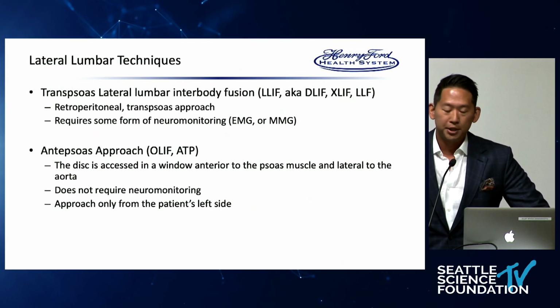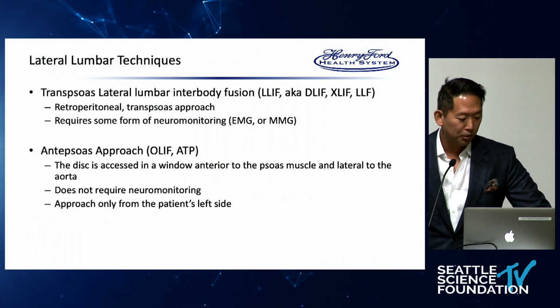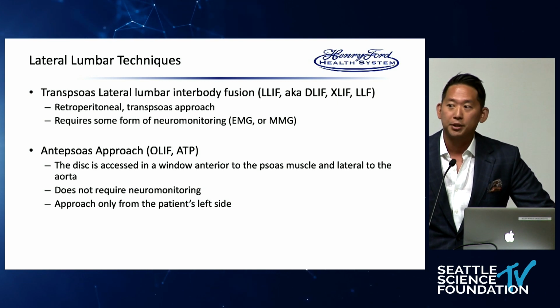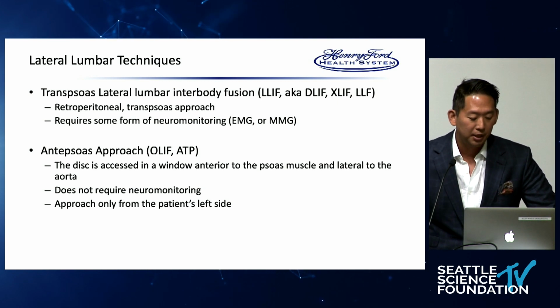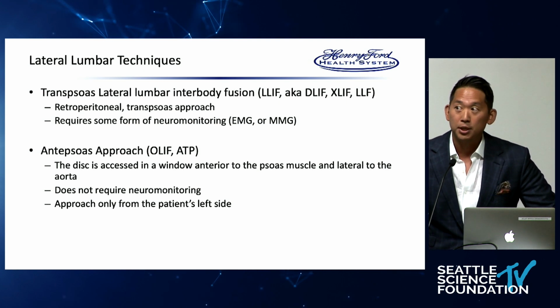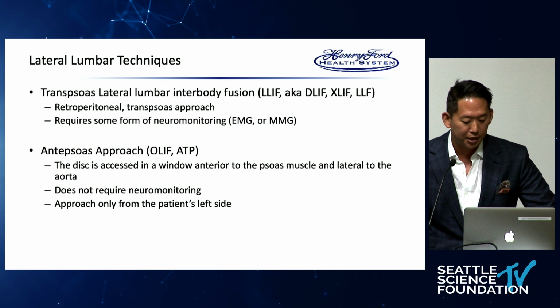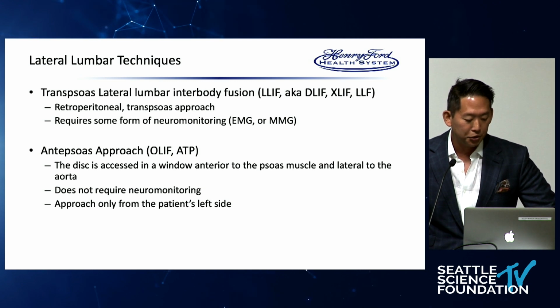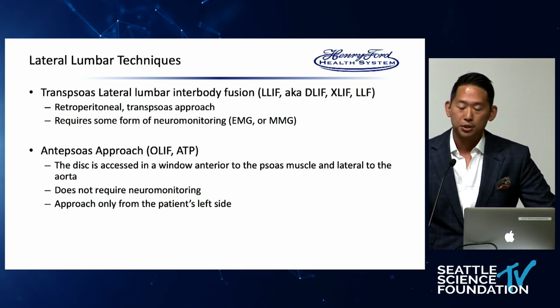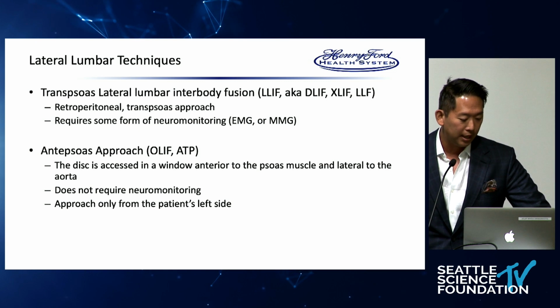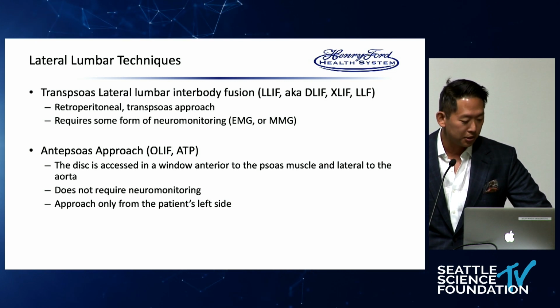The original technique, most people will agree, is the trans-psoas technique, where again it's retroperitoneal, you're going through the psoas, and with that you have to consider the lumbar plexus anatomy. As such, you need some sort of intraoperative neuromonitoring to make sure you're doing this in a safe fashion. A slight evolution to this is the anti-psoas approaches, OLIF or ATP, anterior to the psoas.